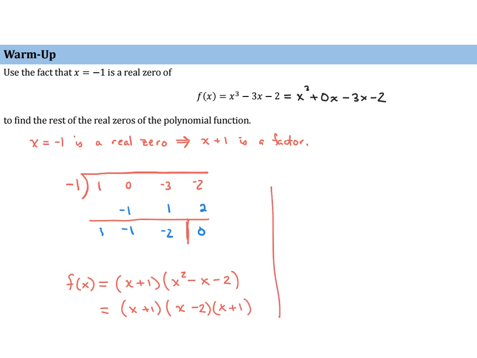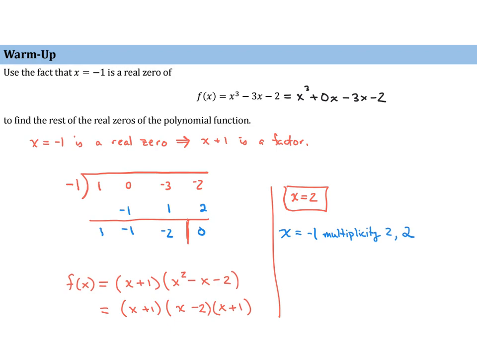So notice the rest of the real zeros are x equals 2, and we already have stated x equals negative 1 is a real zero. So our remaining zero is only x equals 2. If we were to list all of the zeros, we could say x equals negative 1 multiplicity two, and then we also have 2.